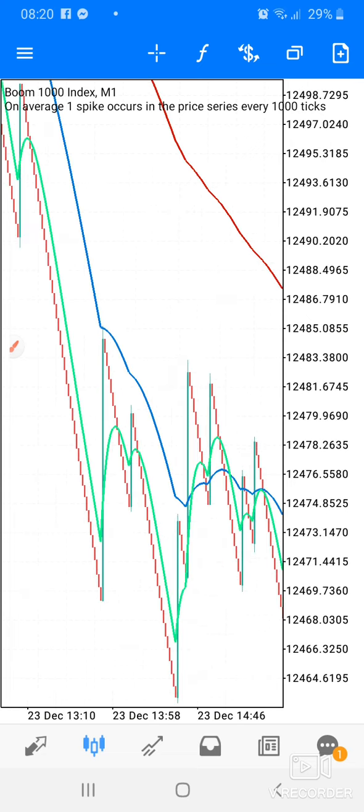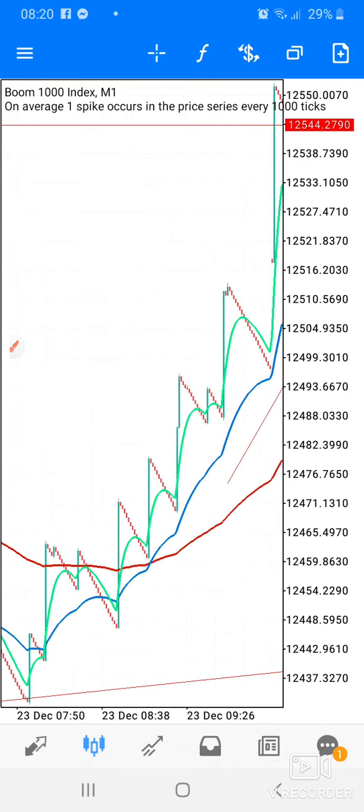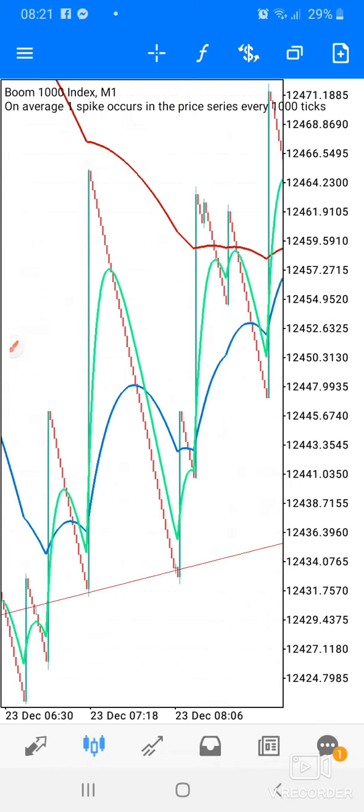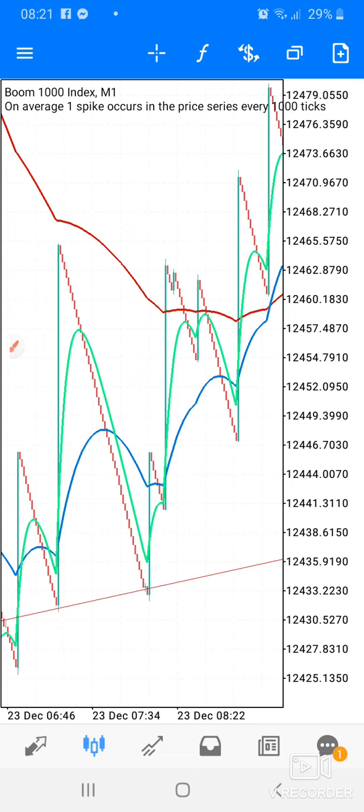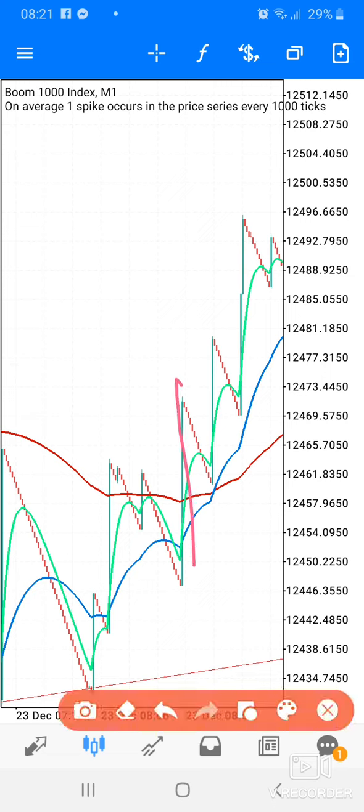So I would rather wait for the price to go up. For example here, the price was down, below the 200 exponential. The moment that it went up, for example in this area, this is a very good example, there was a breakout. Sometimes you can also look at the size of the candle.